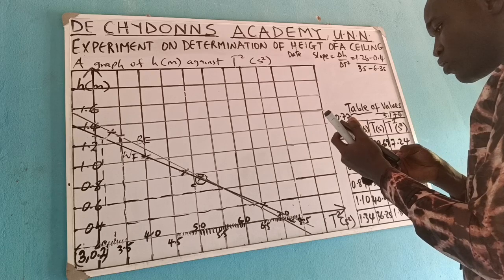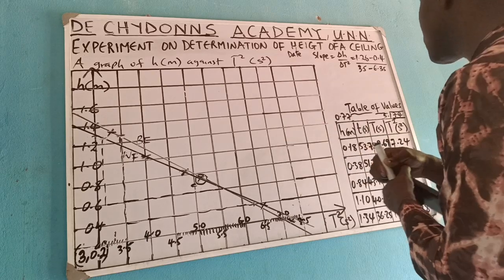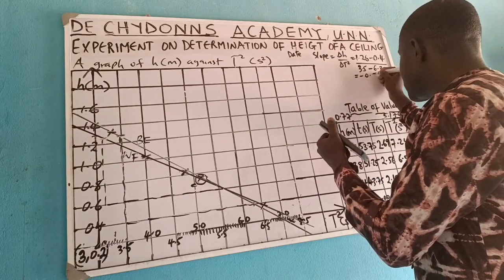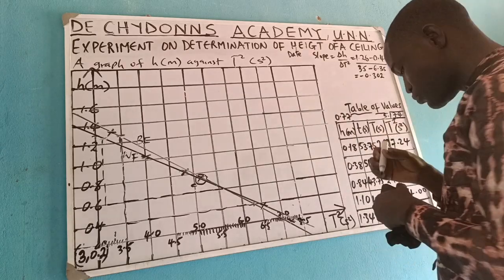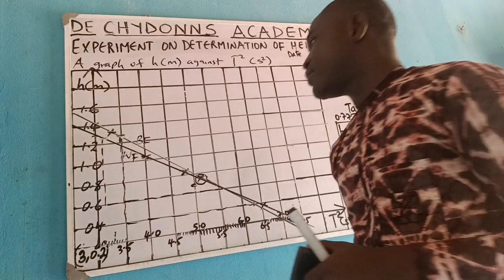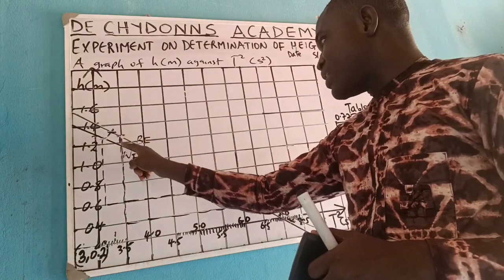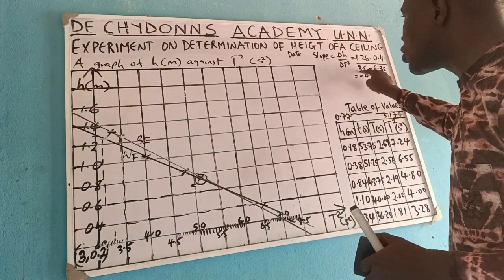Okay, we now say 1.26 minus 0.4 divided by bracket 3.5 minus 6.35. That will be giving you minus 0.302. Remember that wherever the vertical and horizontal intercept becomes your what?